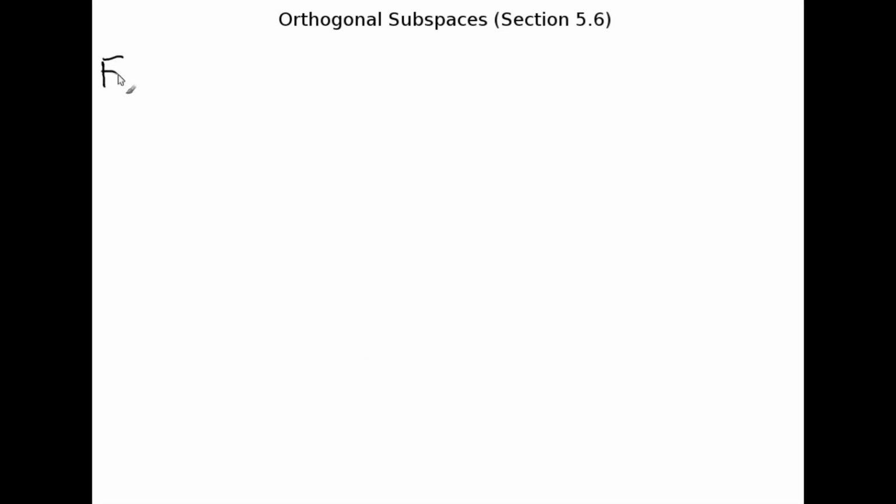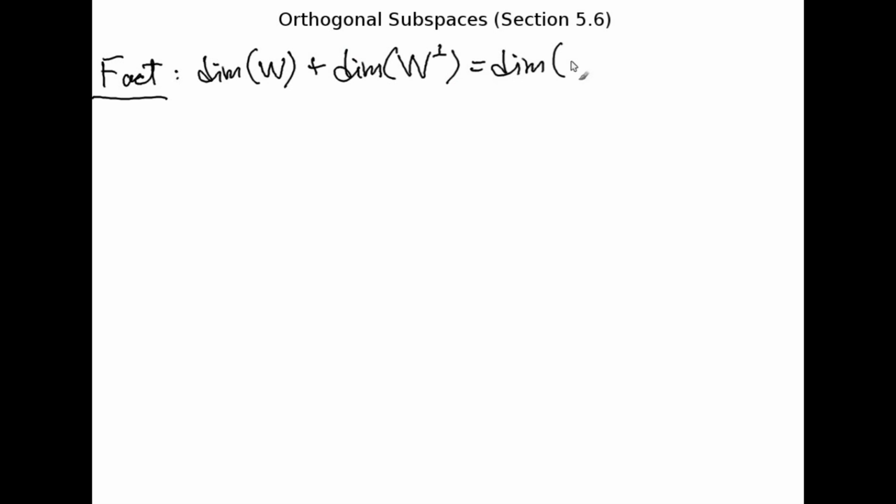So here's another basic fact about the orthogonal complement. The dimension of a subspace plus the dimension of its orthogonal complement is equal to the dimension of the whole vector space.